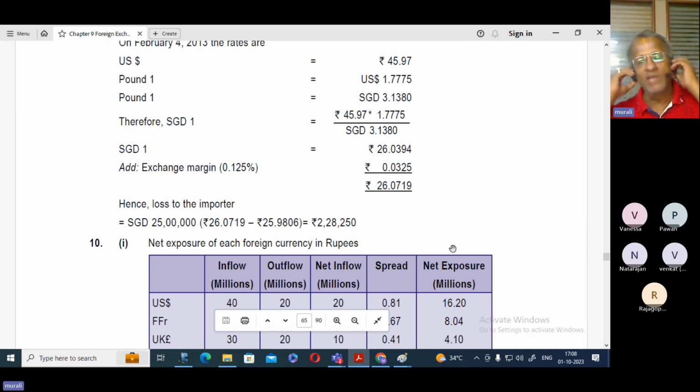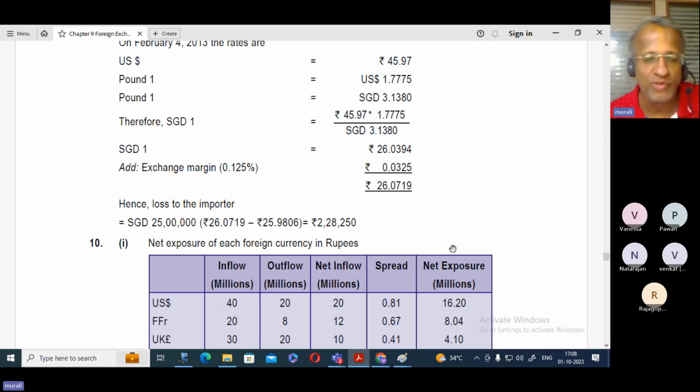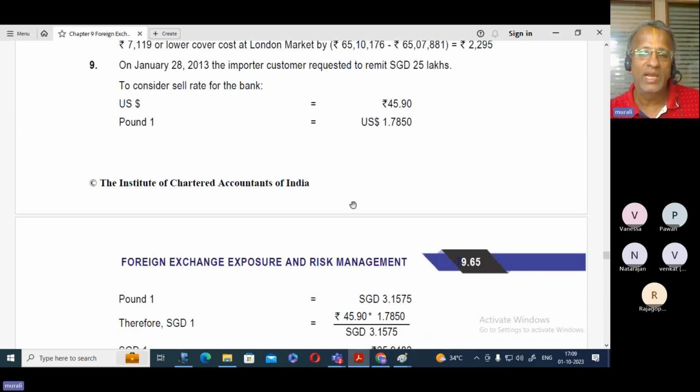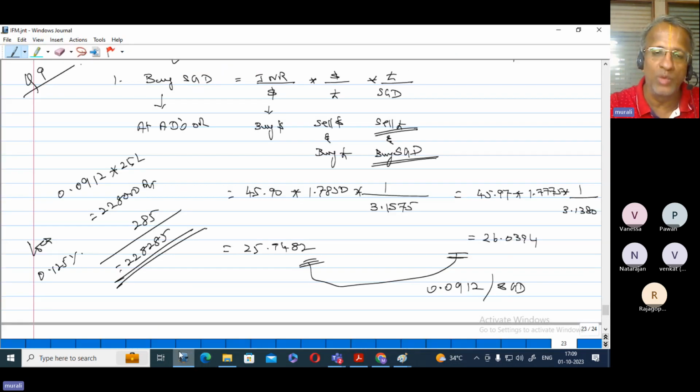They have worked out the exchange margin in each case, so it causes more computation, which results in a bigger number. Ours is the shortest and sweetest answer, I would say. All the numbers we have chosen are what they have chosen.